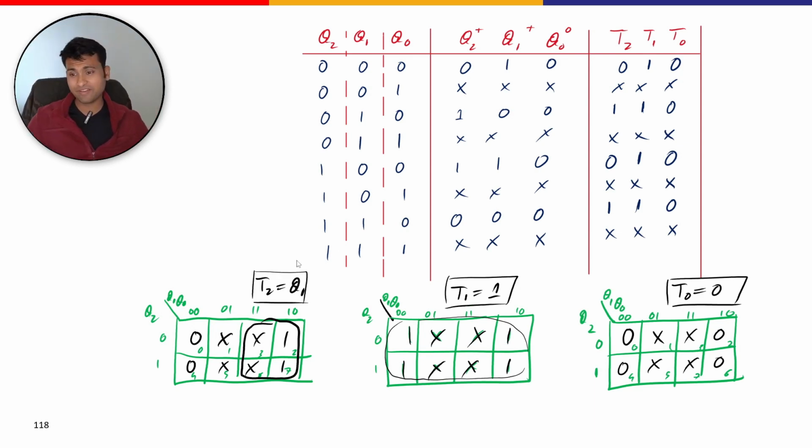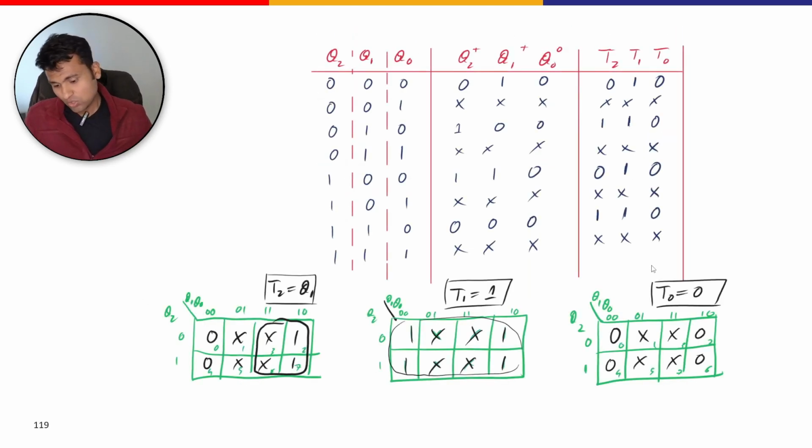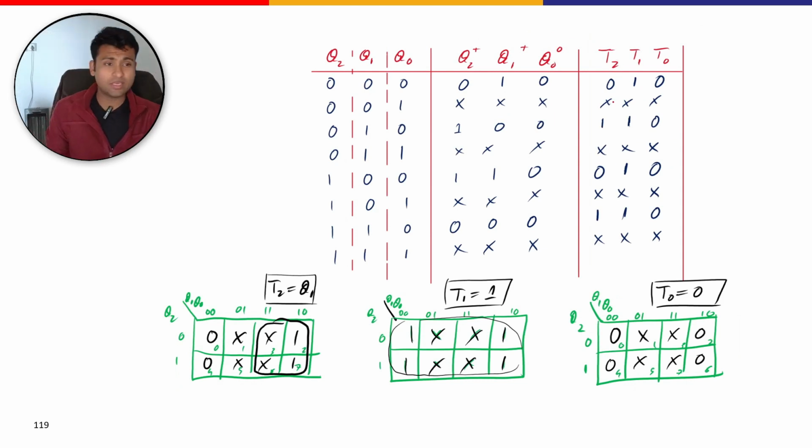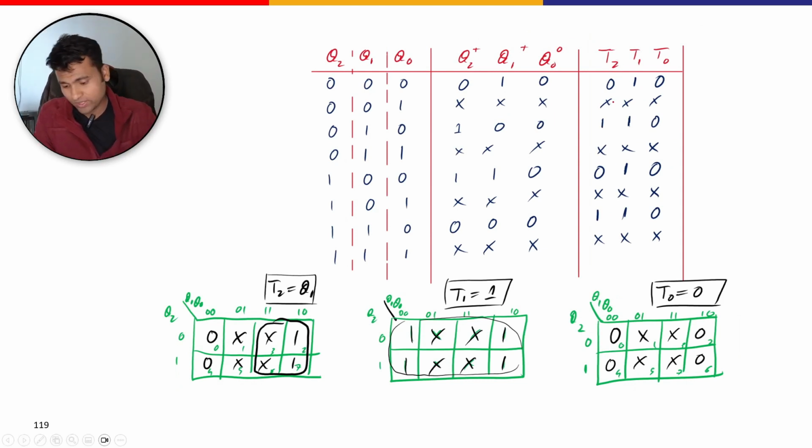So now if we have taken the value of T2, T1, T0 to be equal to Q1, 1 and 0 respectively, what would the output look like? If I've chosen T2 to be Q1, then instead of this don't care, what I need to write is the value of Q1.